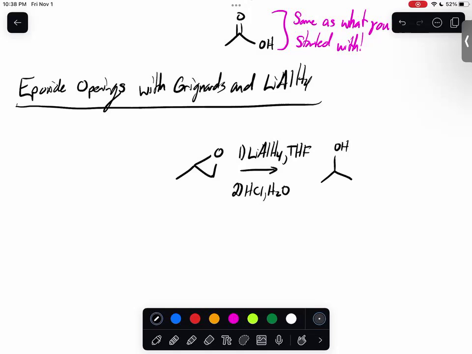So what we actually form in this case is this new bond that I've shown in blue between the hydrogen and the carbon, and we now have the alcohol from where the epoxide opens. The same thing can be said about Grignards.